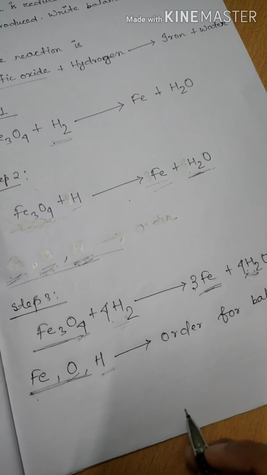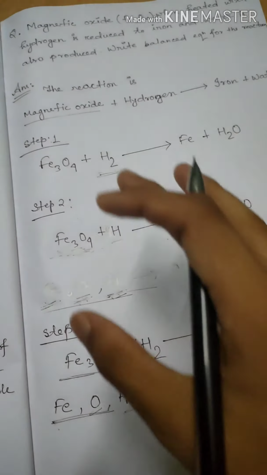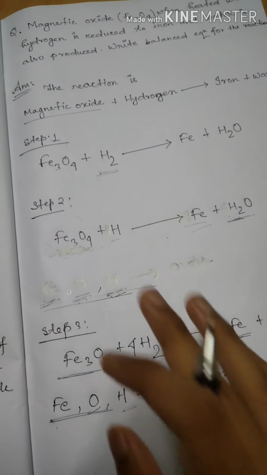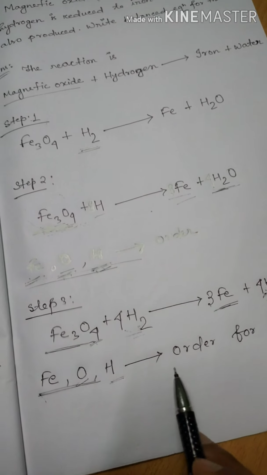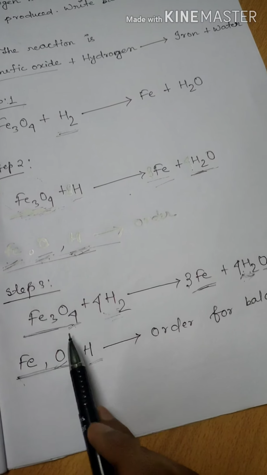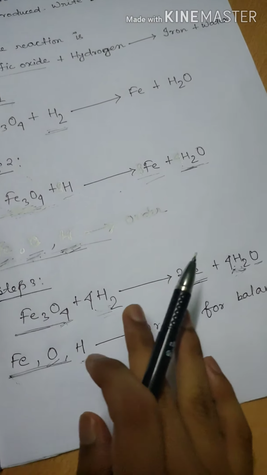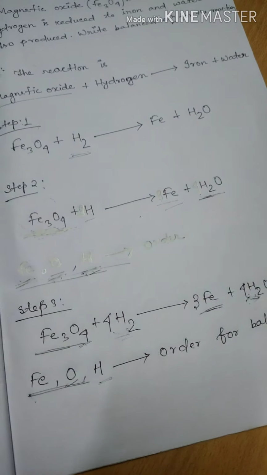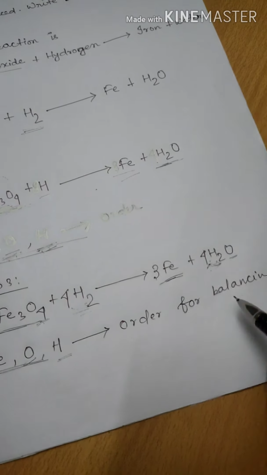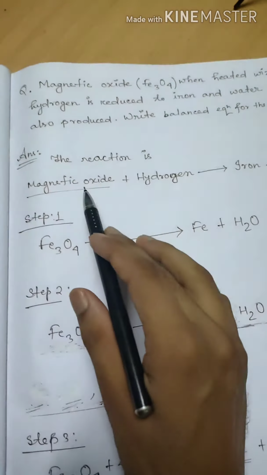Okay, so we have balanced this equation. So now you see in the left side and in the right side the number of iron atoms, oxygen atoms and hydrogen atoms is the same or equal. So this is our balanced equation for this reaction.